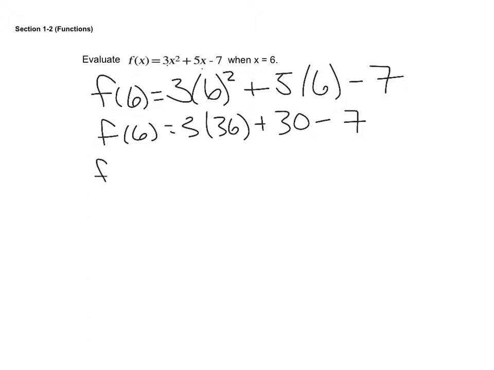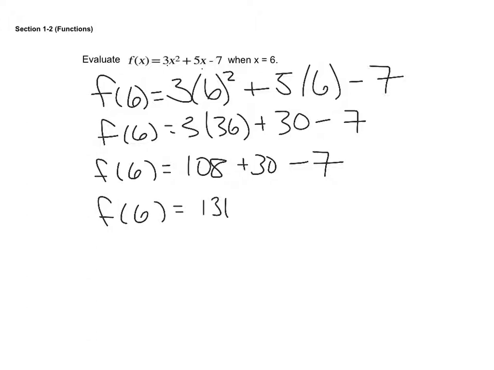So f of 6 equals 3 times 36, 3 times 30 is 90, plus 3 times 6, which is 18, so 90 plus 18 is 108, plus 30 minus 7. 108 plus 30 is 138, minus 7 is 131, so f of 6 equals 131, and that is your answer. Box it and put a little dog ear on it and tell me that's your answer.